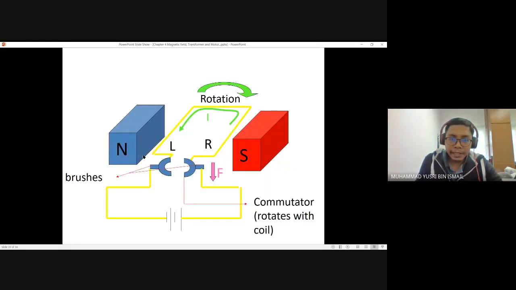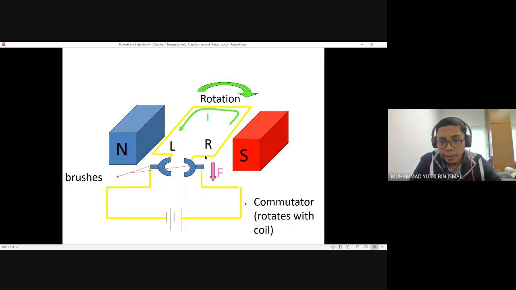Okay, consider there's a magnet which is north and south, and then this is a commutator, and then it rotates with coil. Commutator ni dia akan rotate with coil. And then as the commutator rotates, it will membelah the electromagnetic field.